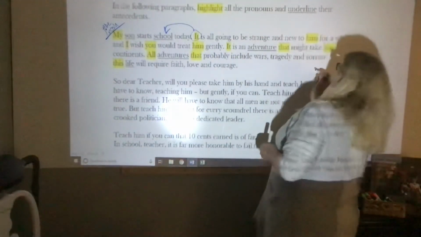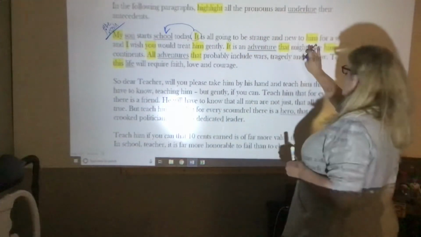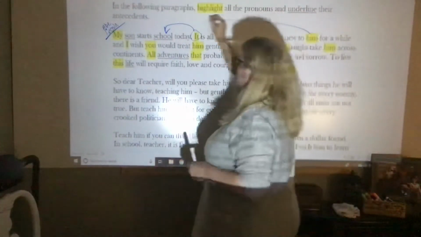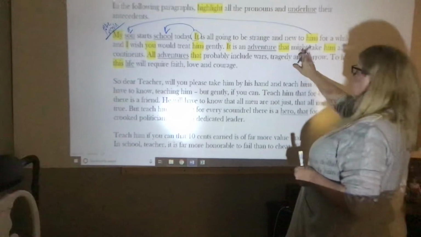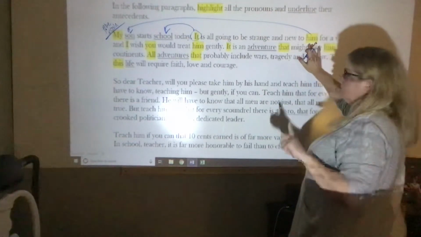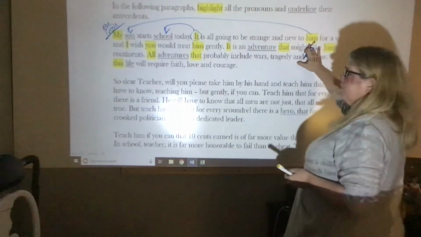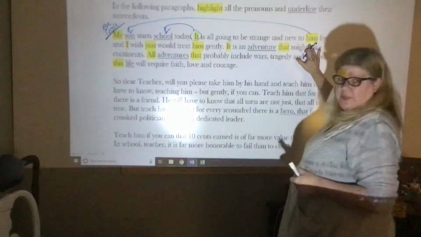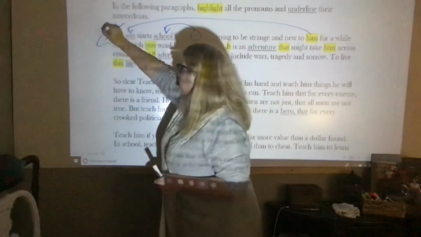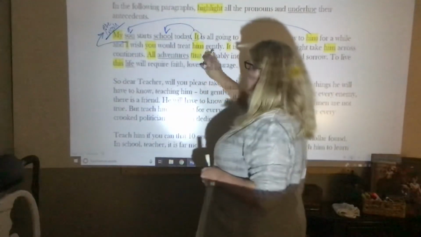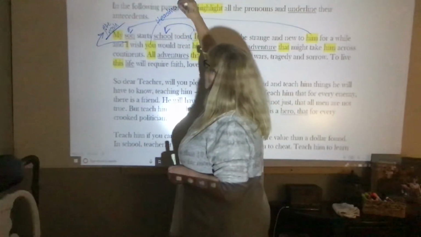So I underlined that as per instructions. And new to him, who's him? That would be Abraham Lincoln's son, so that would be the antecedent. Notice that sometimes, or most times, with pronouns, the antecedent is nowhere near the pronoun. So you've got to make sure that it's very clear when you are referring to that, and that's something we're going to get into later this week with the lesson. I, again, is going to be Abraham Lincoln, which you would treat him. You is the headmaster, who is also not listed in here.